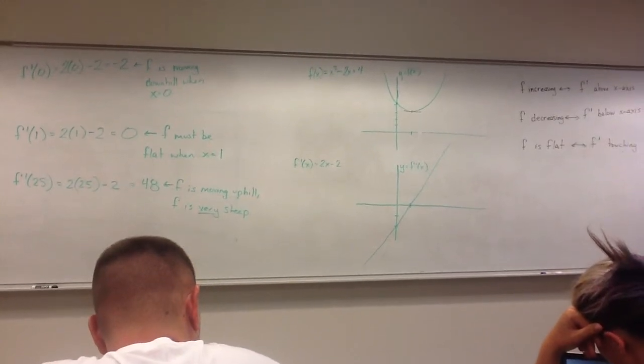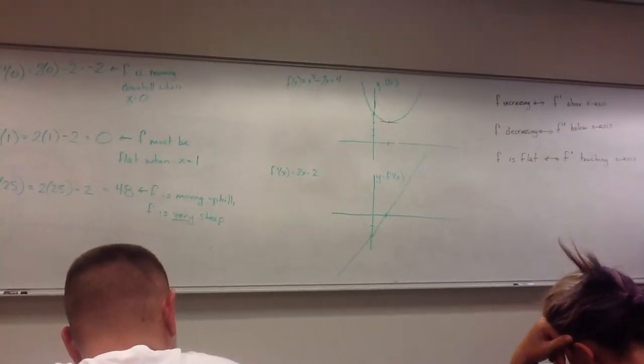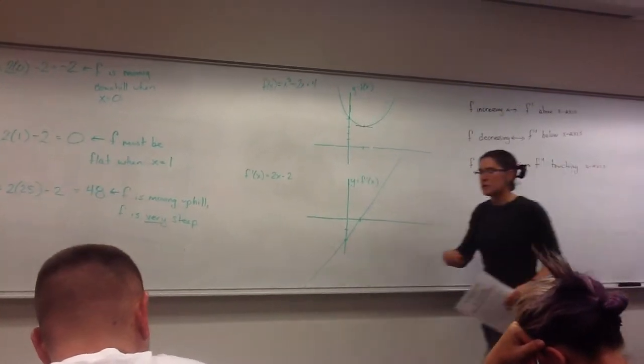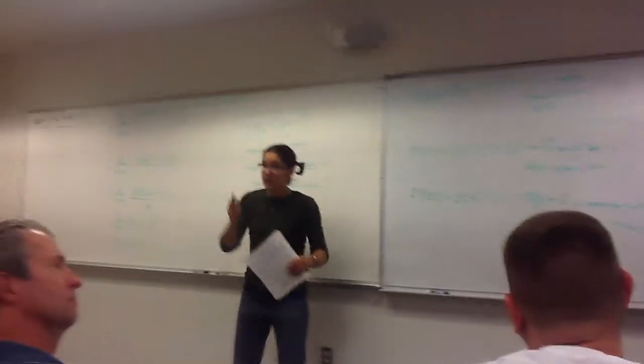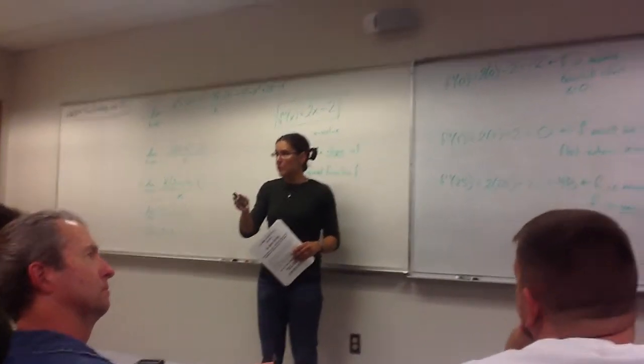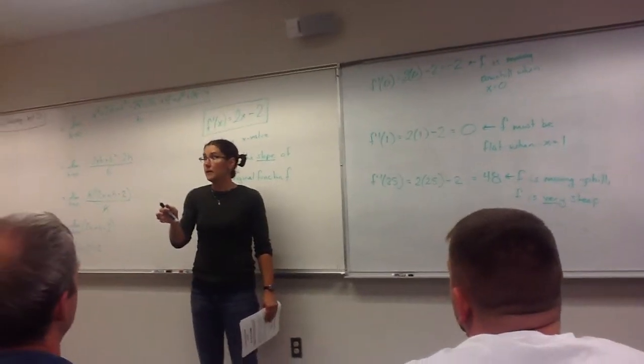All right, so we just made a switch here. At the beginning of class and in prior classes, we talked about the derivative as a number describing the slope of a function at a given value, a given x number.